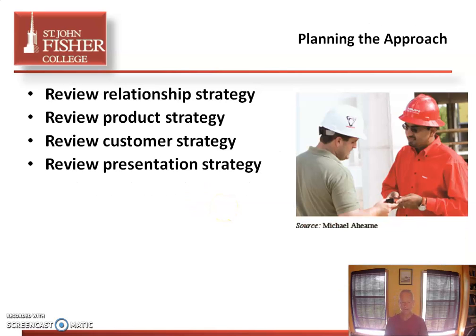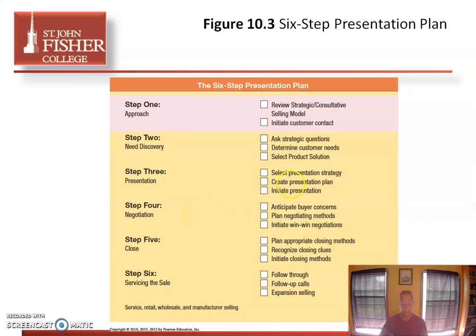So again, planning the approach, you've got to review your strategy. You've got to review your product strategy, your customer strategy and your presentation strategy. All of those are done in the strategic selling part of it. And then you plan your approach worksheet to break the ice and find out those three pieces of information and then determine a good way to transition to the needs approach.